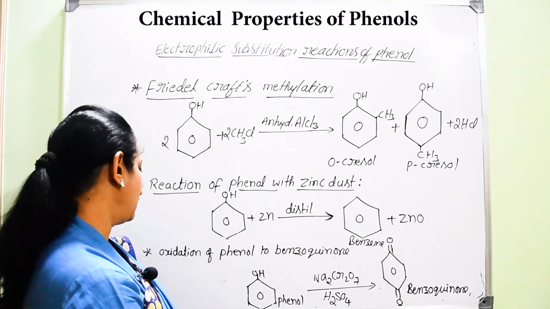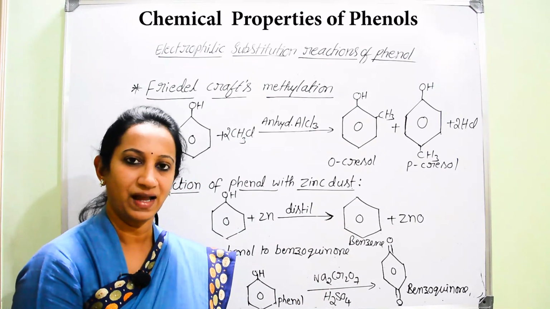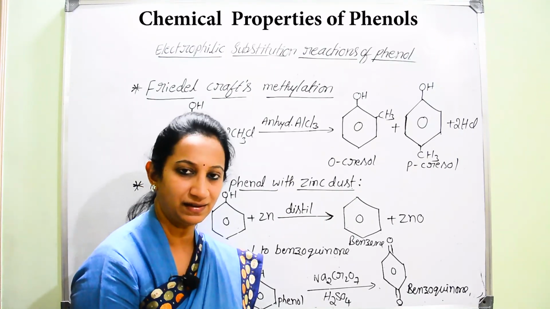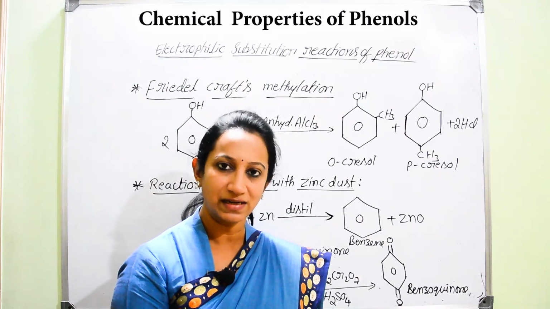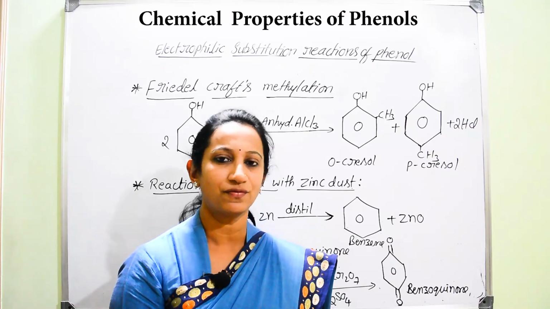That is regarding the conversion of phenol to benzoquinone. All these are different types of reactions we have learned up to here. All these reactions are generally called electrophilic substitution reactions of phenols.